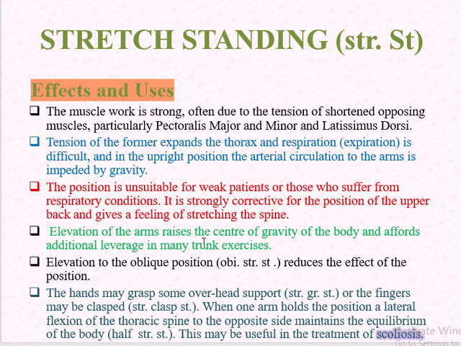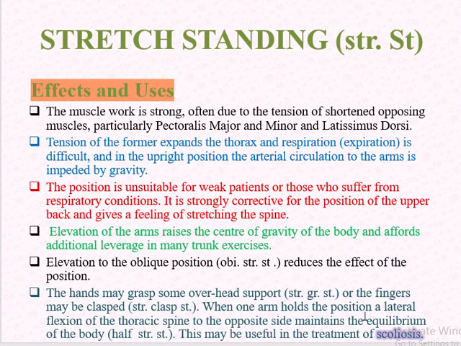Elevation of the arms raises the center of gravity of the body and affords additional leverage in many trunk exercises. Elevation to the oblique position, known as oblique stretch standing, reduces the effect of the position. The hand may grasp some overhead support, which is stretch grasp standing, or the fingers may be clasped, which is stretch clasp standing.